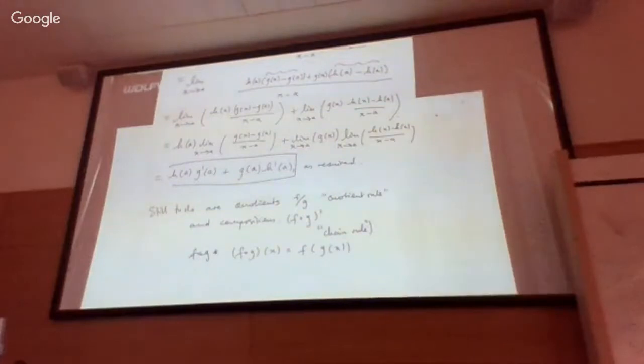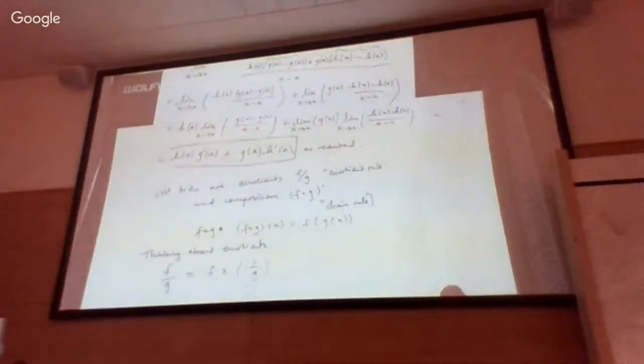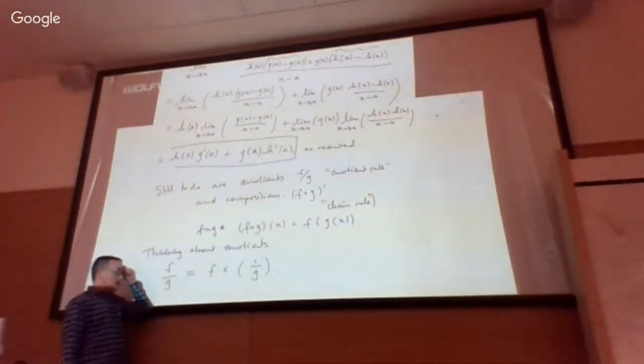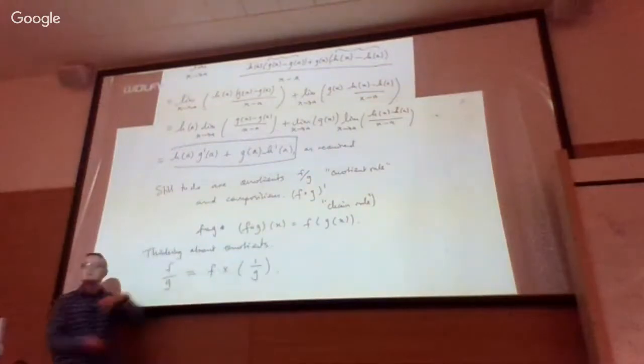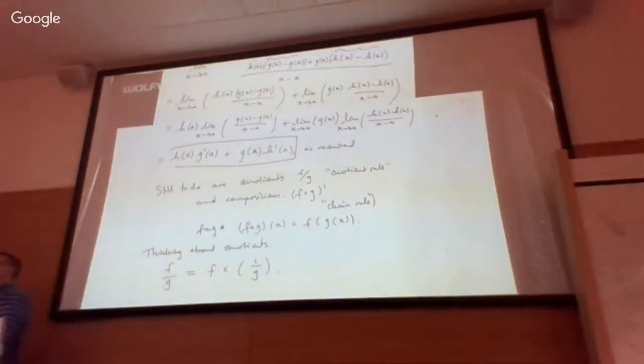Now, how are we going to tackle these? We're actually going to mix up the order a little bit, because thinking about quotients, a quotient f over g, you can naturally think of that as f multiplied by 1 over g. We've already gone to the trouble of proving a product rule, proving something about how derivatives of products behave.